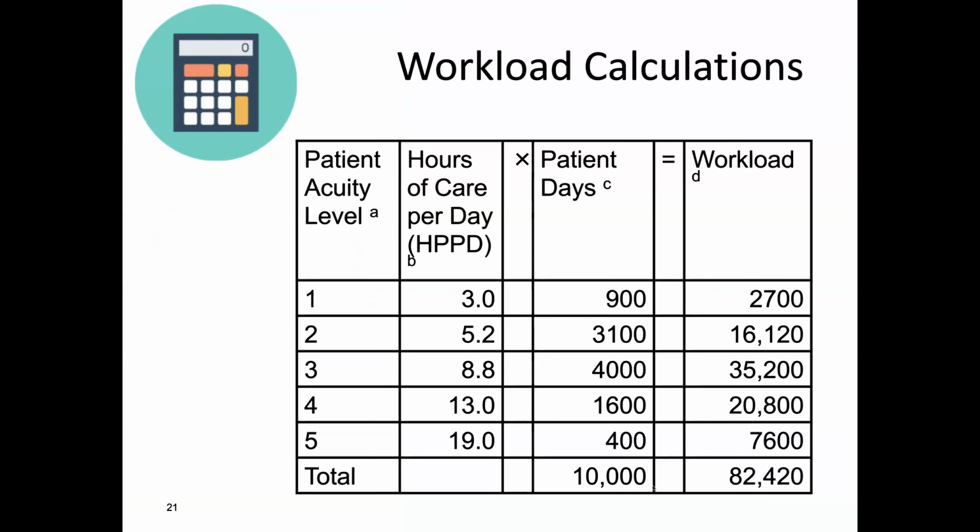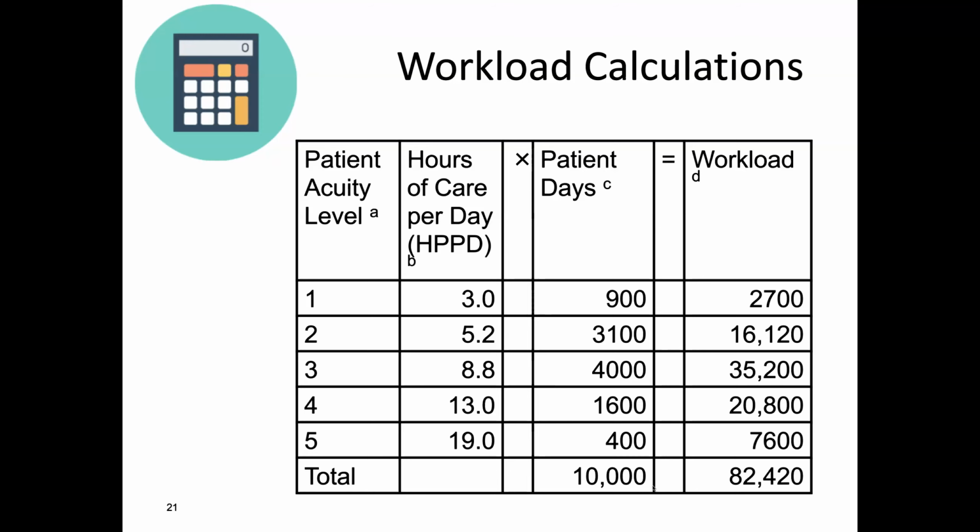So this is just giving you an example of workload classifications. So patient acuity, you've got patient acuity level 1 to 5. So 1 would be low patient acuity, 5 would be high patient acuity.